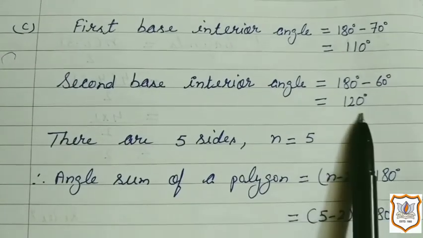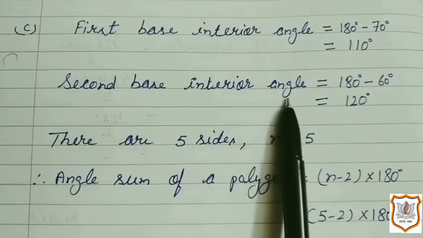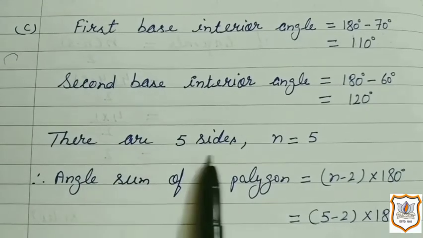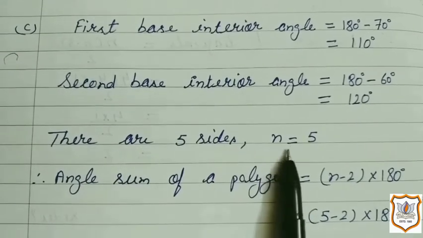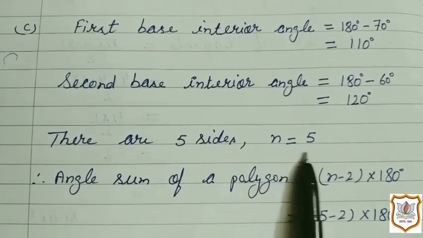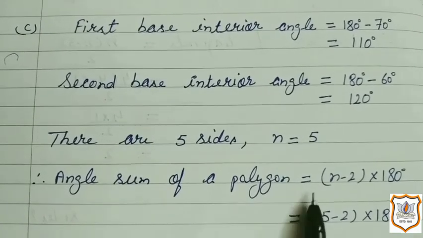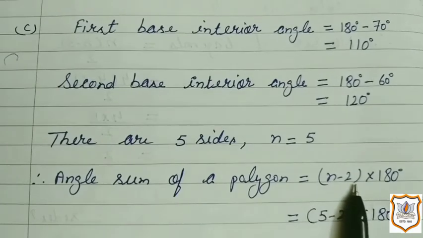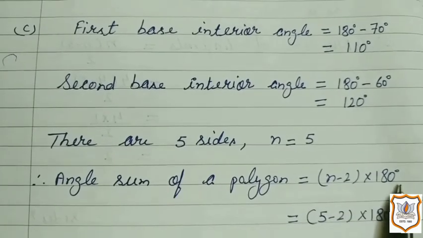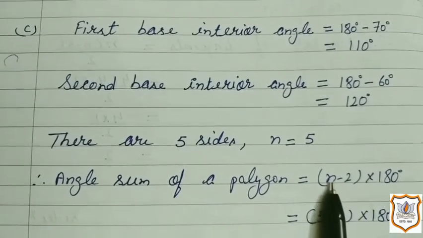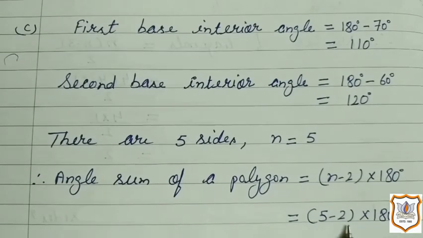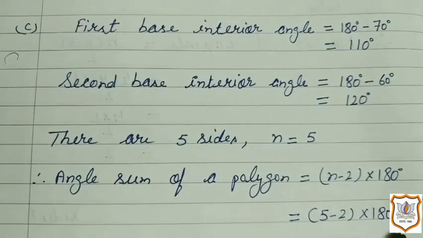So 120 is an interior angle. There are 5 sides. So number of sides is 5. Angle sum of a polygon is equal to n minus 2 multiply 180. Here n is 5. So we write 5 minus 2 multiply 180.